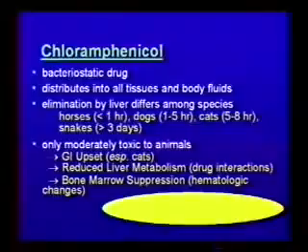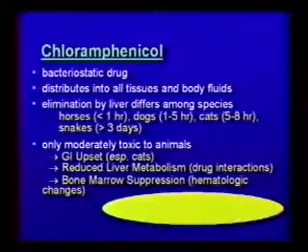It is noteworthy for a couple of reasons. One is that its half-life is markedly different across the various species, and that can lead to a difference in the use of this agent. And it is also noteworthy in that it can be very toxic to animals and lead to severe GI upset, as well as inhibit the metabolism of other drugs.